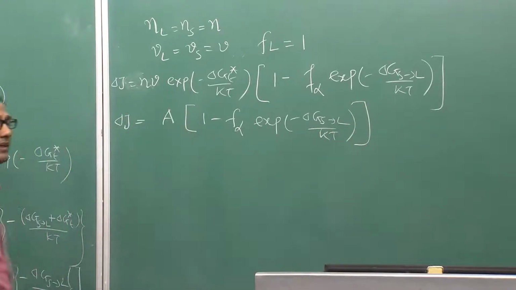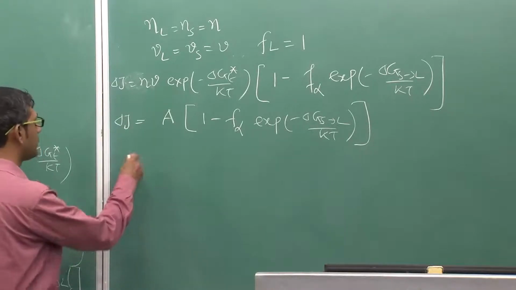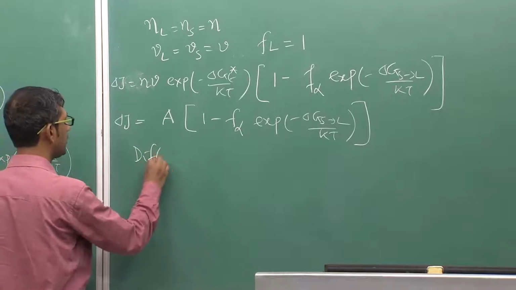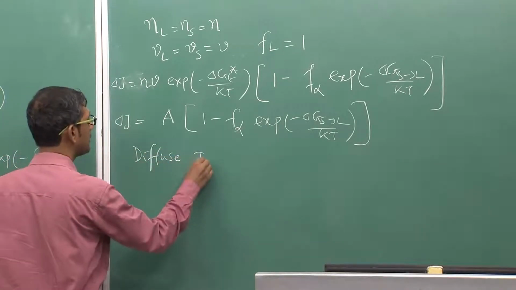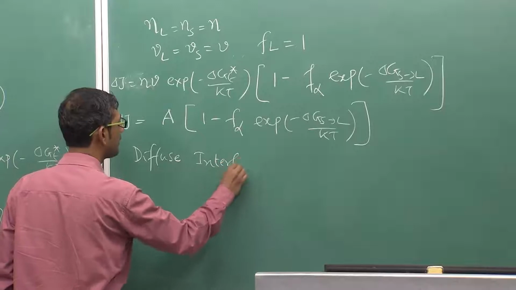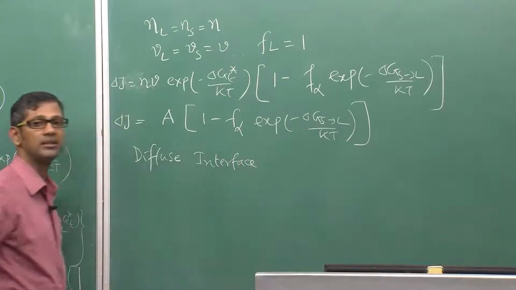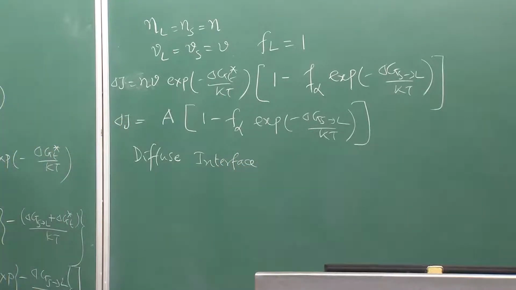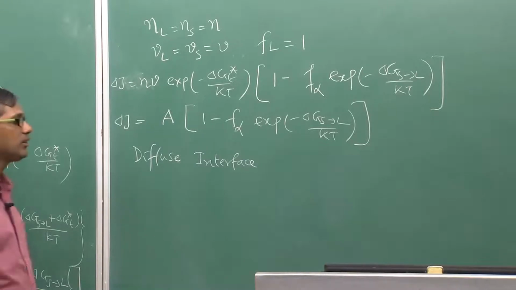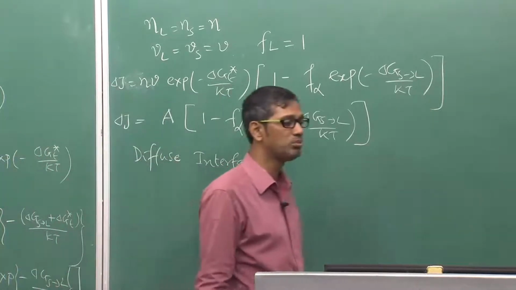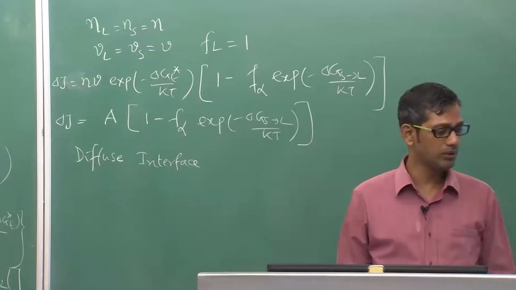Now let us apply this equation for different types of interfaces. The first interface we will consider is the diffuse one, as I told you. In the case of a diffuse interface you have a large number of sites available for the atoms to go and sit. Therefore, in those cases we can assume F alpha to be equal to 1.